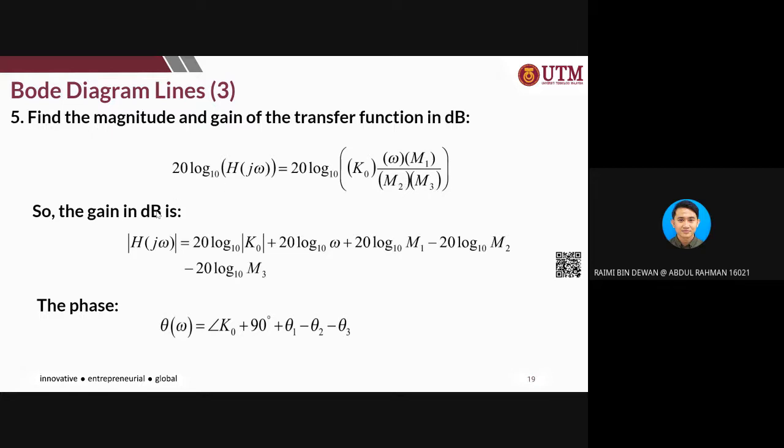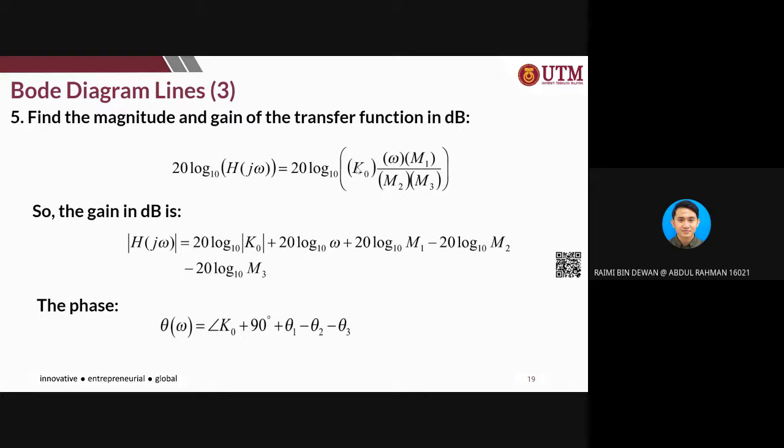The gain in dB is actually 20 log K naught plus 20 log omega plus 20 log M1 minus 20 log M2 minus 20 log M3. You learn this in your mathematics, whether in secondary school or engineering mathematics, I'm not sure, but you learn this anyhow.